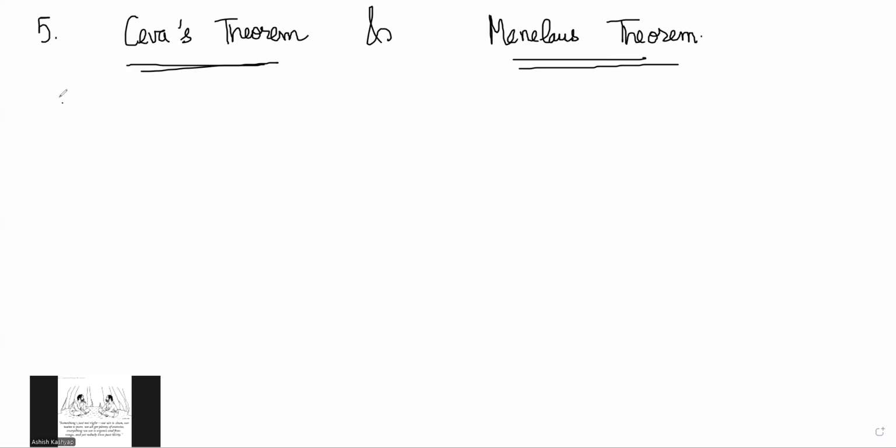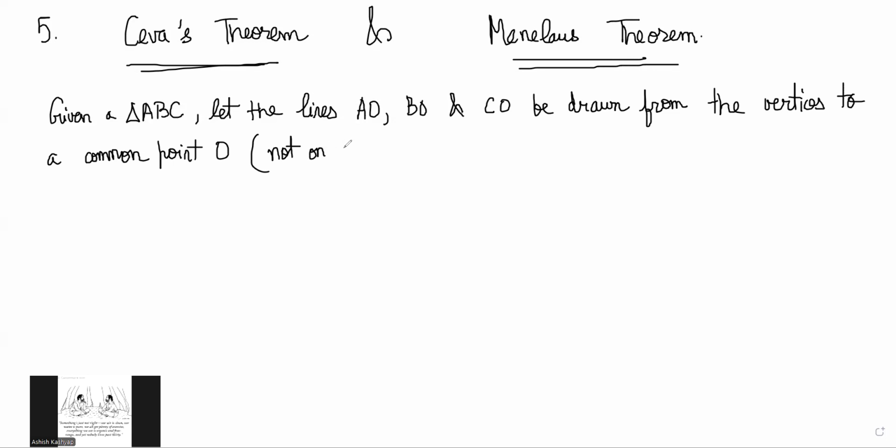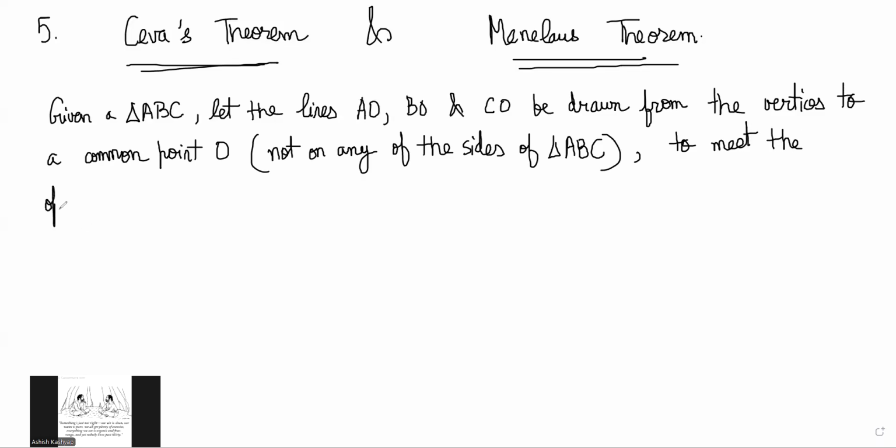So Ceva's theorem is this: given a triangle ABC, let the lines AO, BO, and CO be drawn from the vertices to a common point O, not on any of the sides of triangle ABC, and these AO, BO, CO could be extended to meet the opposite sides at D, E, and F respectively.